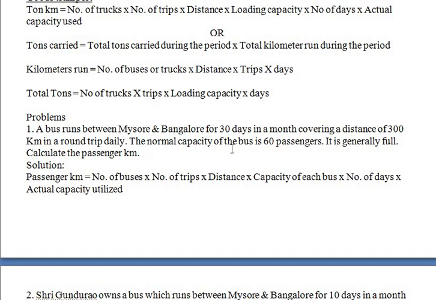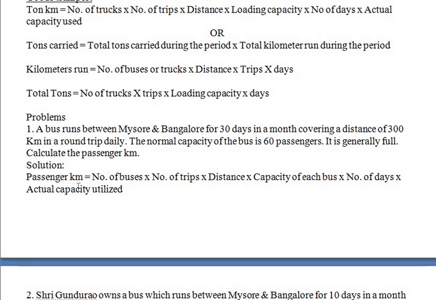The normal capacity of the bus is 60 passengers. It is generally full. Calculate the passenger kilometer. They have asked us to calculate passenger kilometer, so we will have to apply the passenger kilometer formula.